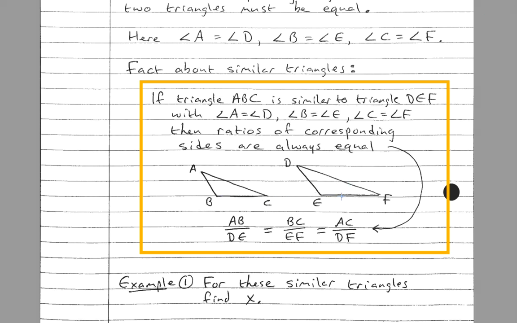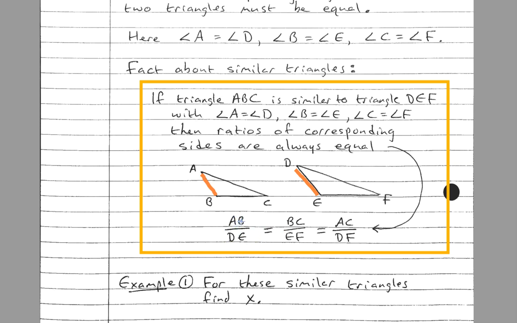So for these two similar triangles, the angle at A equals the angle at D, B equals E, the angle at C equals the angle at F. So we can match up the sides. This side AB corresponds to this side DE. So make the ratio of the corresponding sides.